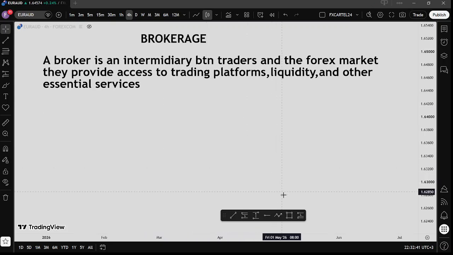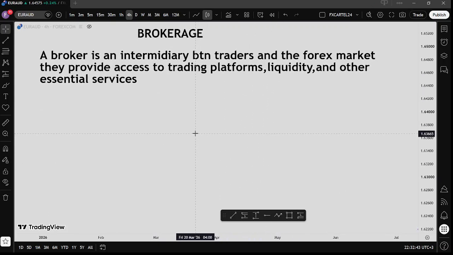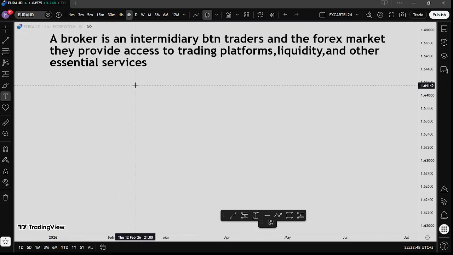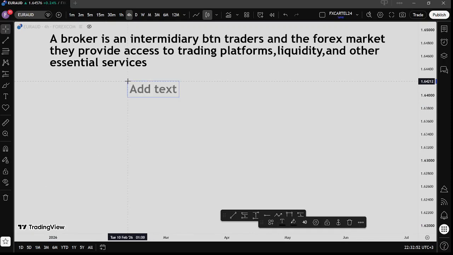So we are going to look at brokers, which have types. We are going to look at those types of brokers. Let's look at types of brokers.